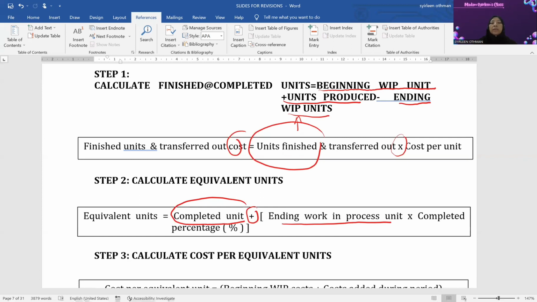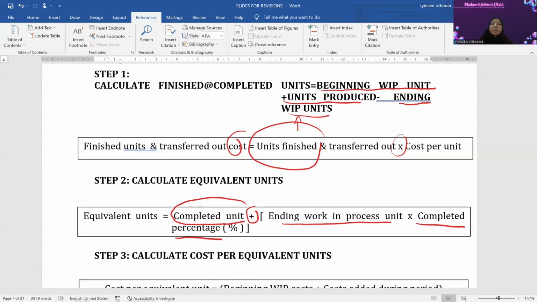So once you get the ending work in process unit, kita tak letak terus nilai itu ke dalam table ataupun dalam pengiraan kita ya. Kita kena darab dengan the completed percentage. This is what I mentioned earlier. Kalau untuk direct material, sometimes it's not given in the question, you need to see when the direct materials are added during the production.